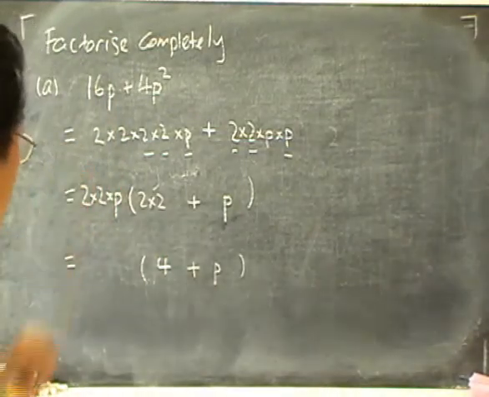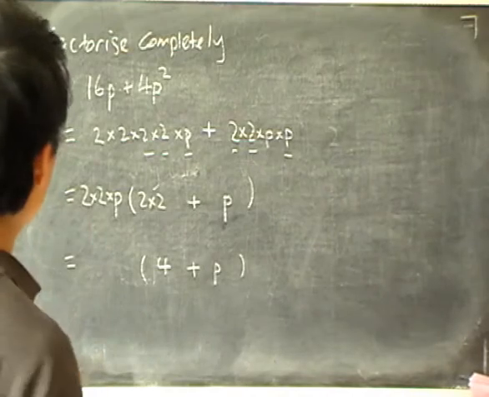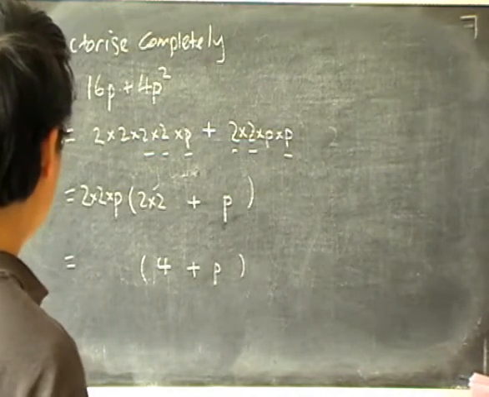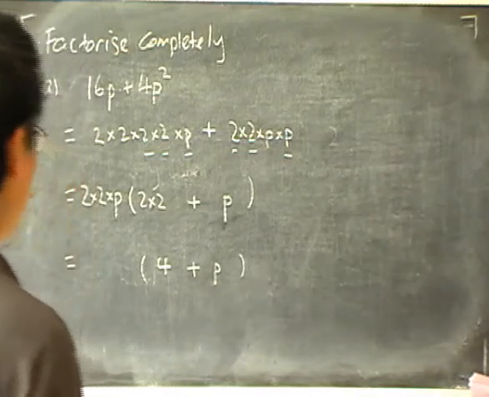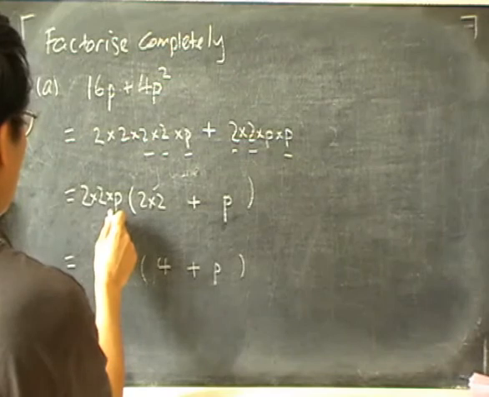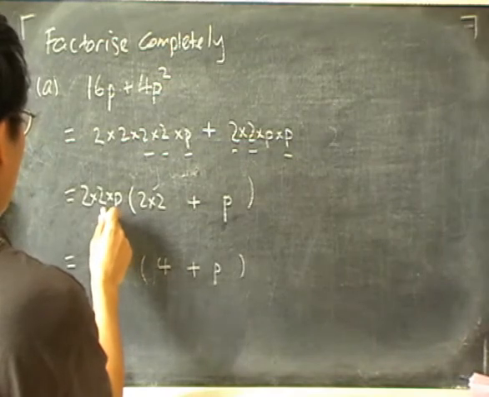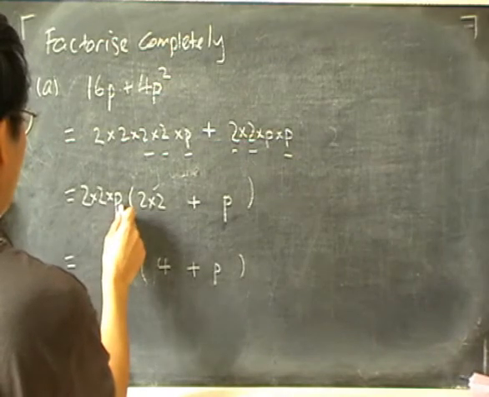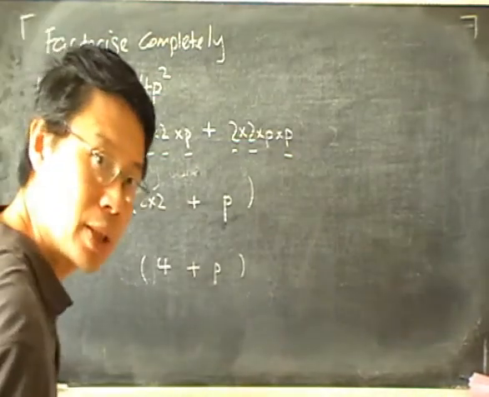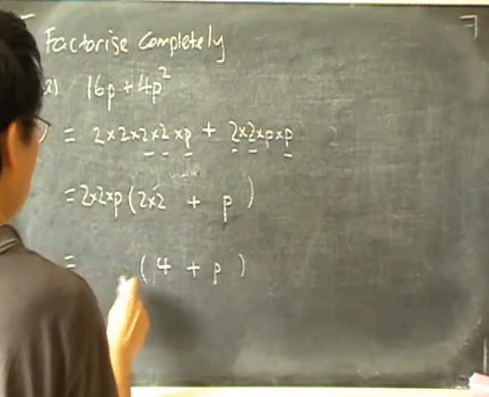Now for those outside the bracket, I can try and make that simpler as well. Now I know that in algebra, if I have a number next to a letter, it means times. I don't really need to write down the times symbol.